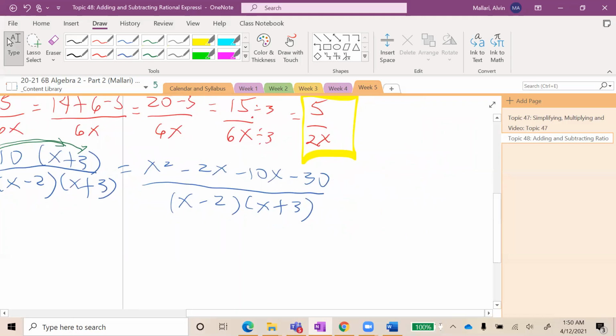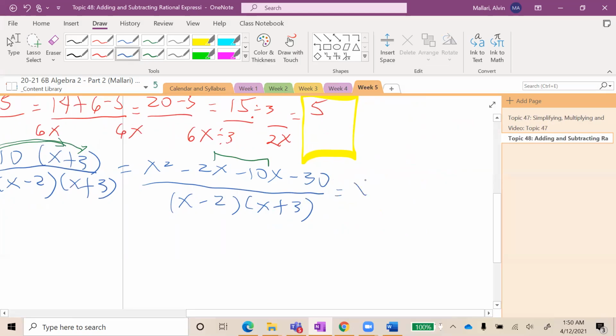Now, do you see like terms in here? See how we have negative 2x and minus 10x being like terms. So we can combine these two and end up with x squared minus 12x minus 30 divided by x minus 2 and x plus 3.